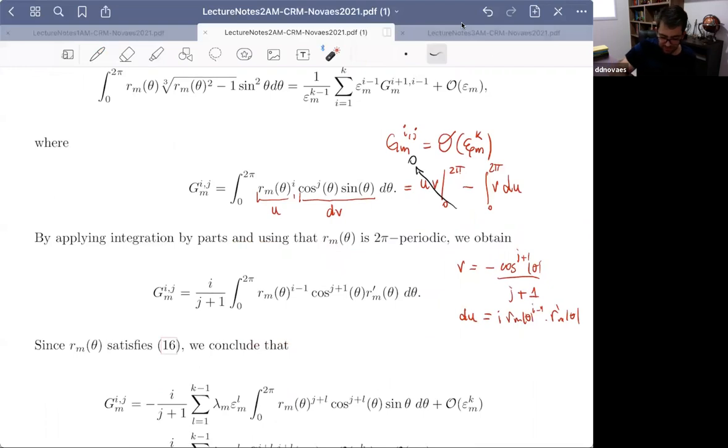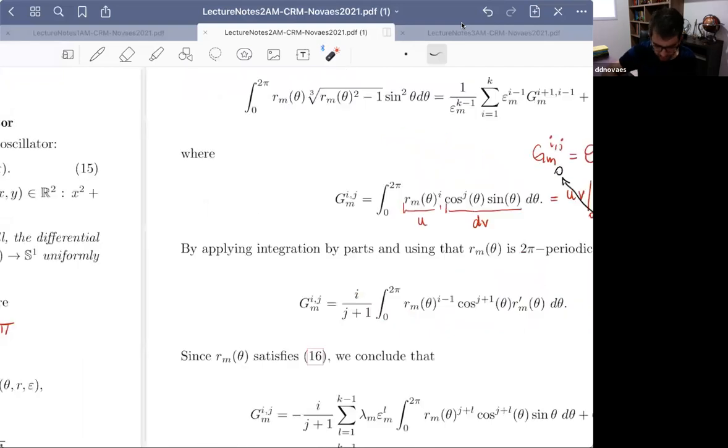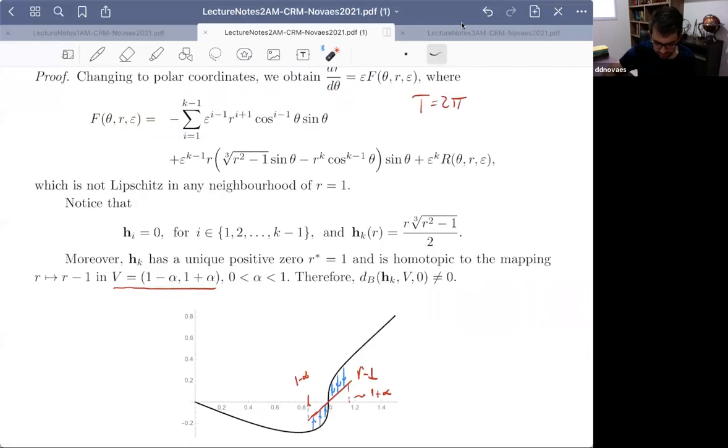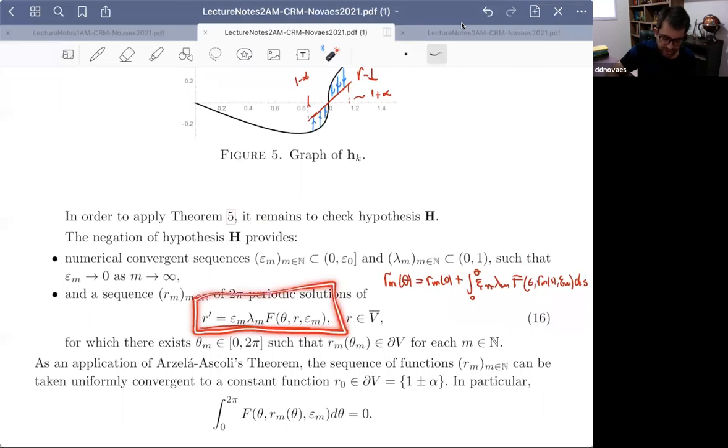So applying integration by parts, I had forced the appearance of the derivative of Rn, and I know that Rn is a solution of this difference equation, which has a factor epsilon here.